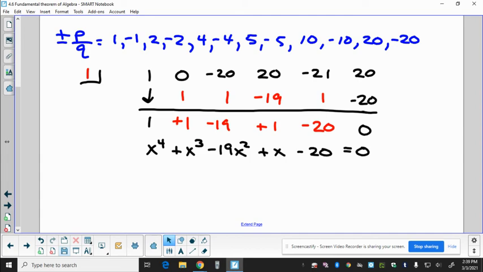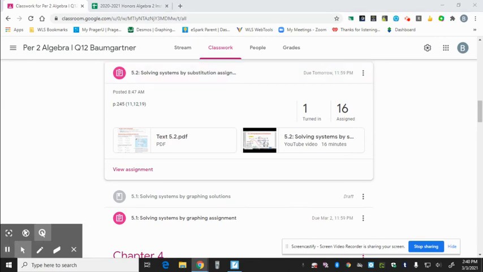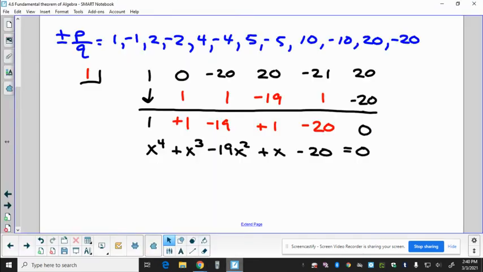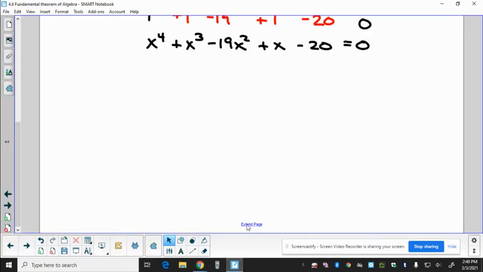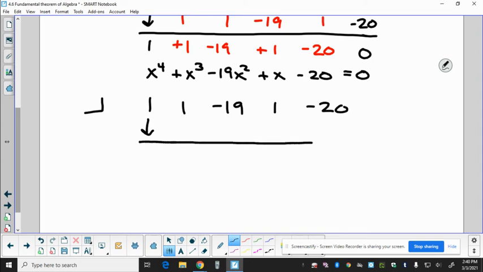So let's think about that. Okay, so we need to, sorry for the interruption, we need to drop down these coefficients, and none are missing now. What number will give us a plus 20 over there and a remainder of 0?